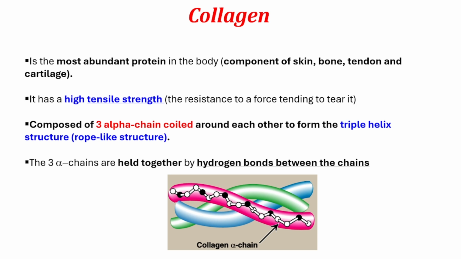Everybody here knows about collagen, especially in cosmetics, okay? Because collagen is everywhere in our body, okay? In our skin, in our bones, in our teeth, everywhere you have collagen, okay? So it's a very important protein fiber. So this collagen has a property which is called tensile strength.